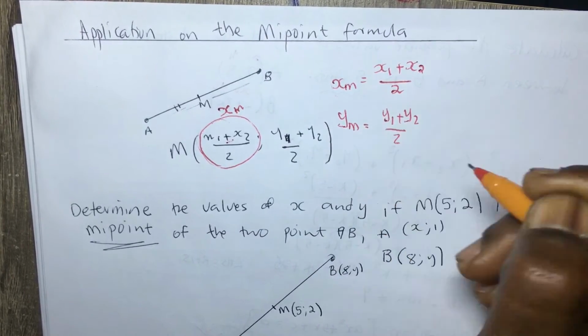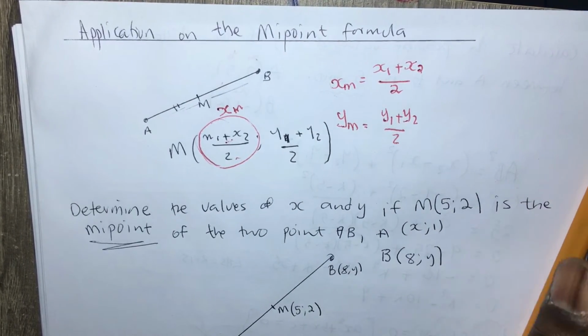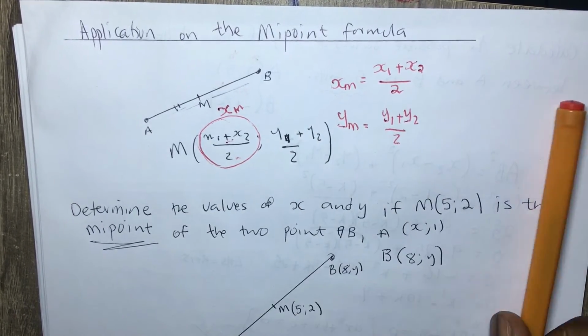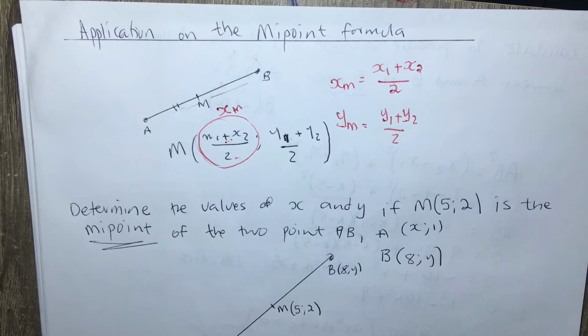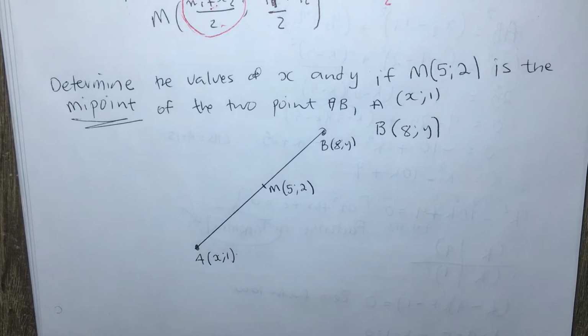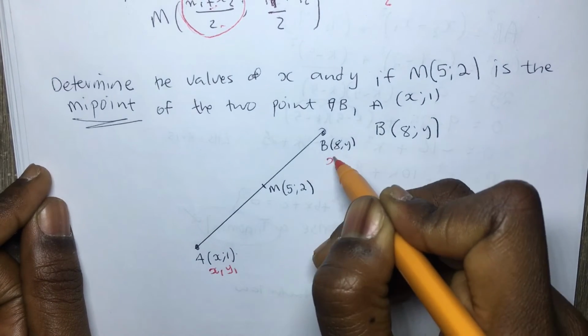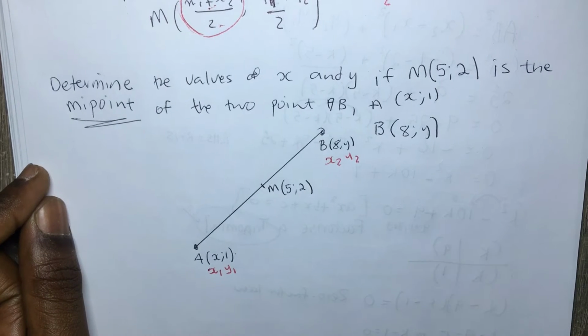Nothing new, nothing different. I just took the formulas outside of the bracket and I'm taking them separately. Then go to the diagram and label. This becomes your x1, y1. This becomes your x2, y2. Do you all see it?